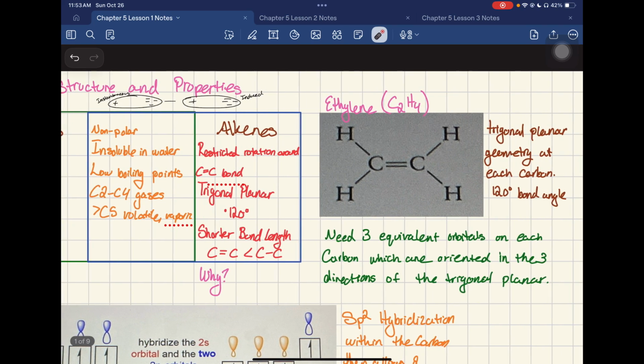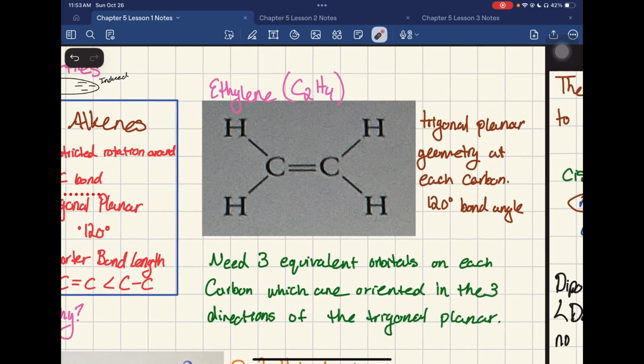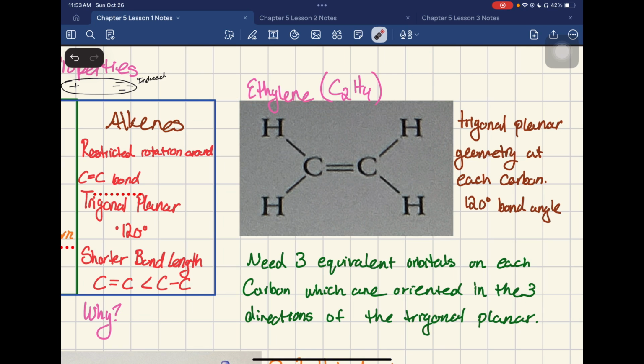intermolecular force. Moving on, over here we look at ethylene, and again, ene is what describes that double bond, because alkanes had single carbon bonds. Alkenes are going to have those double bonds.